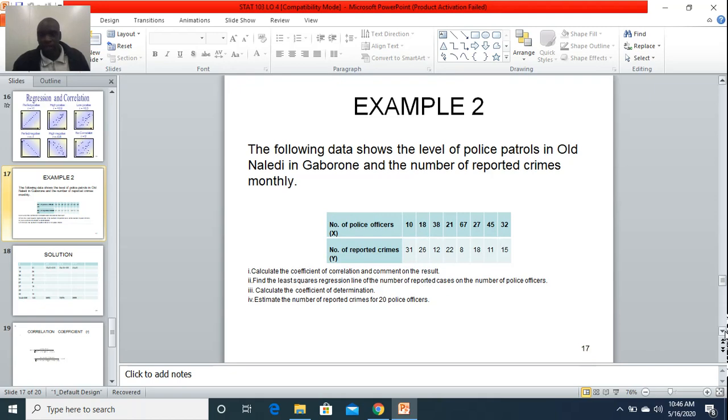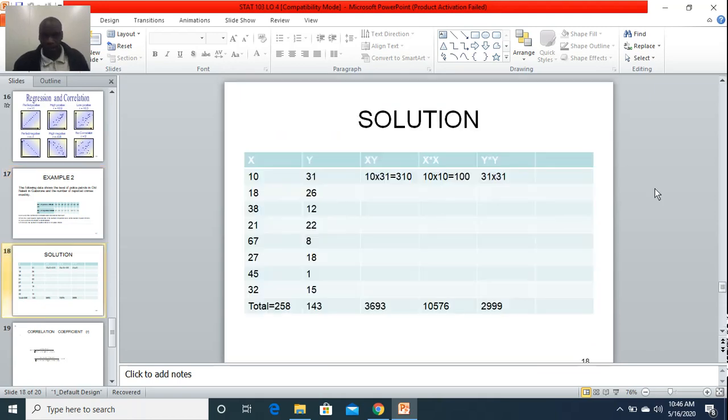First, before we do anything, we make a table for x, y, xy, x squared, and y squared. When you say xy, we mean 10 times 31, here 310, 18 times 26.